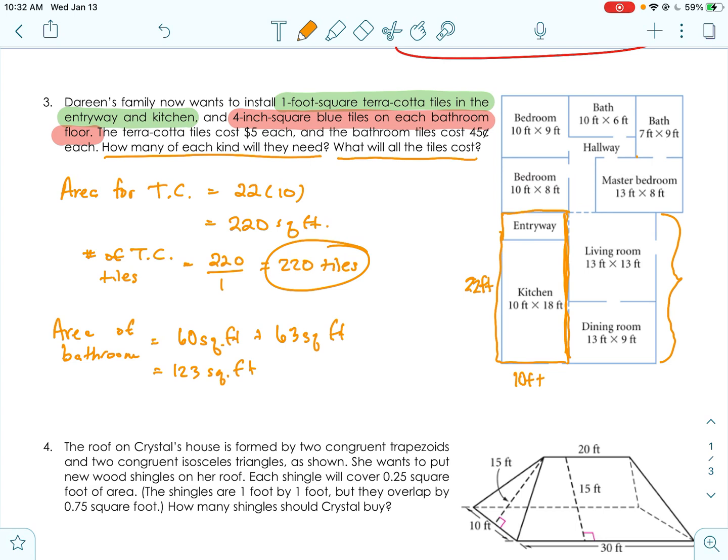So 1 square foot would be a space that is 1 foot by 1 foot, which is 12 inch by 12 inch. So 4 inches would break it up in 3 parts.